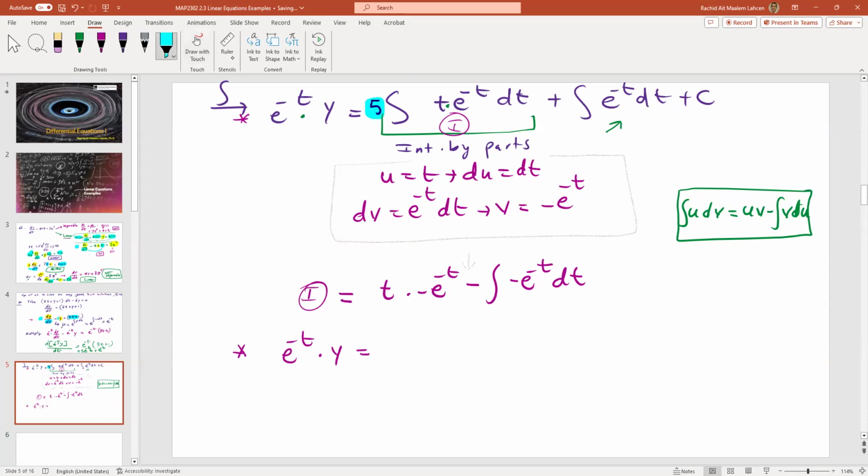So let's not forget the 5 times the answer, which will be integrated. And of course, we will have a constant from it, and we have a constant. So we're going to put one constant at the end. You can call them C1, C2 and so on, but it's one constant towards the end.